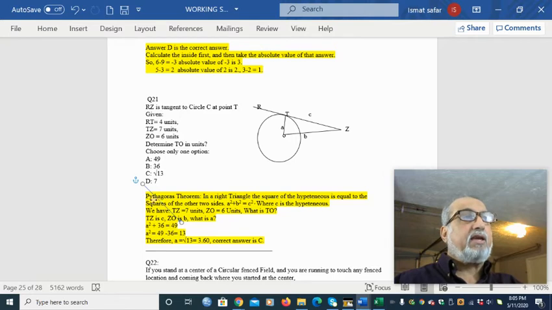Then a square equals 49 minus 36 equals 13. So this side here, T to O, is the square root of 13.